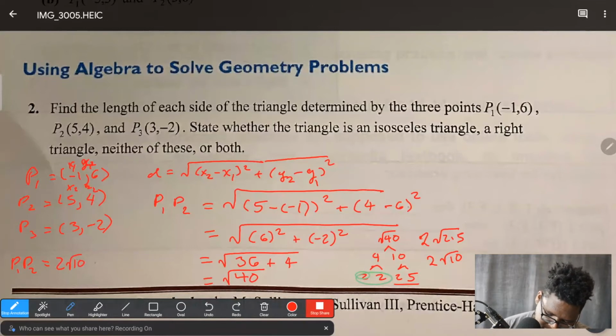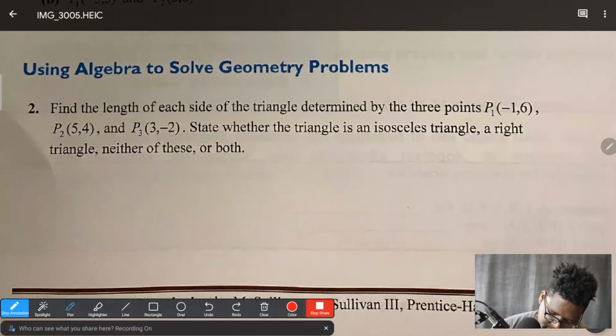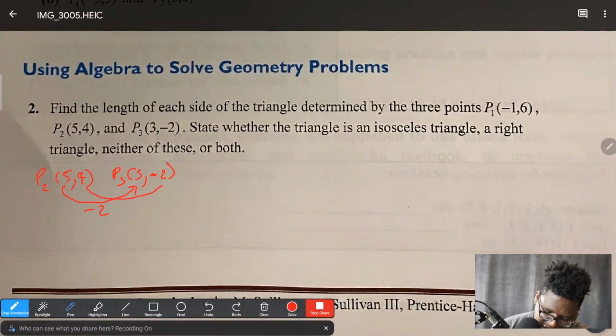Okay, so the same idea for the next two. If we're looking at P2, which is (5, 4), and P3, which is (3, -2), the distance between your x values, from 5 to 3, I'm going down 2. And the distance between my y values, from 4 to -2, I'm going up 6.